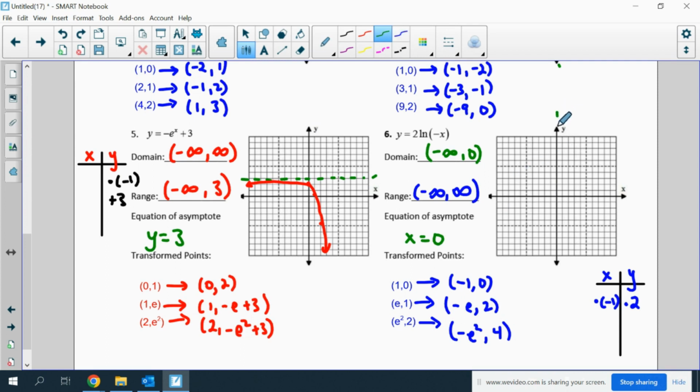So if my asymptote is at x equals 0, and I have this horizontal reflection happening, negative 1, 0, negative e is like negative 2.7, and negative e squared is about negative 7.5, comma 4. There's my log graph, which is growing kind of slow.